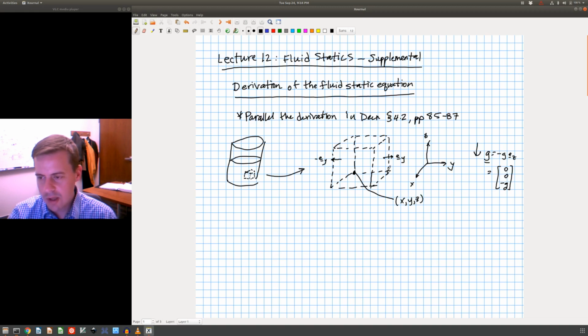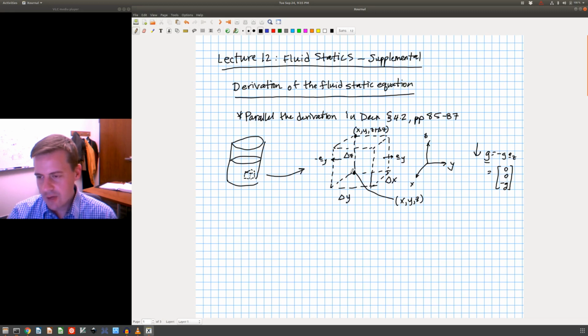I'm going to call the length of each of these sides a little delta. So this is the X direction this way, so I'm going to call that direction delta x. The Y direction is here, that one is delta y. And the Z direction right here, I'm going to call that one delta z. Which means that if I go up here, this point will be x, y, z plus delta z.